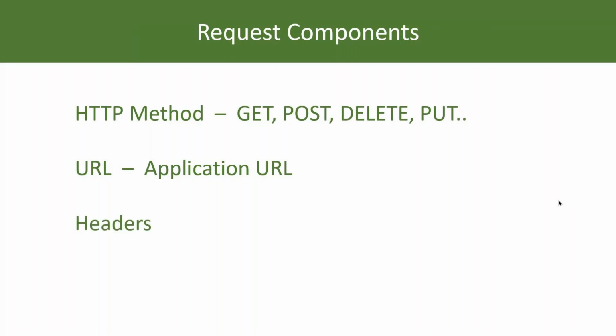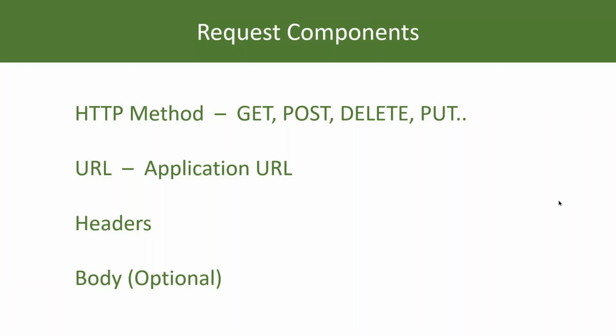And then there are headers. Headers are a series of attributes. They will have information like authorization, referral, user agent, and many other information. And then there is the body.